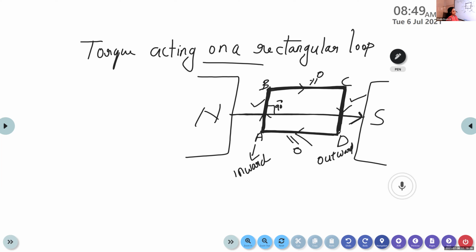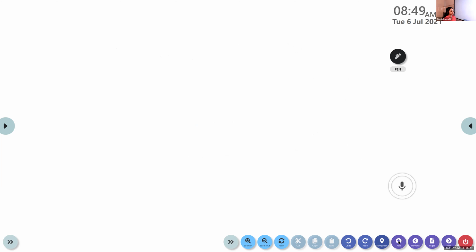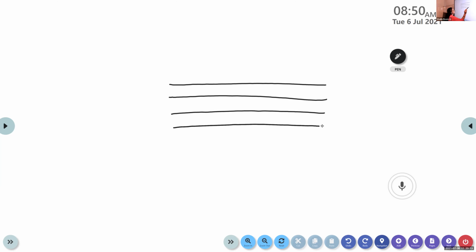To derive an equation for this torque, consider a uniform magnetic field.